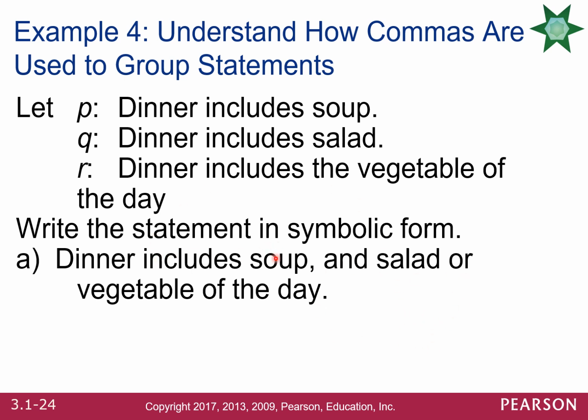And then dinner includes soup is the first idea. So the way we would go about writing that is dinner includes soup, which is P, and then it says and, so we represent the and by this upside-down V, and then we use brackets to indicate salad, which is Q, and then or is a V followed by vegetable of the day, R. All right, so this is how we write a statement in symbolic logic using multiple conjunctions or disjunctions as the case may be.